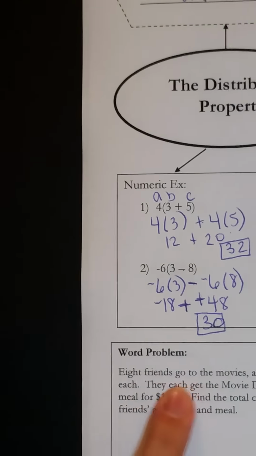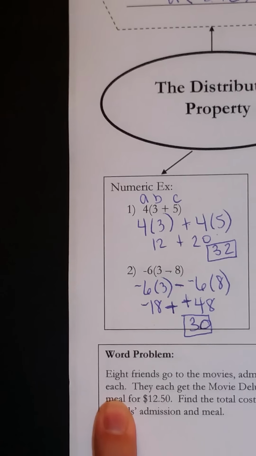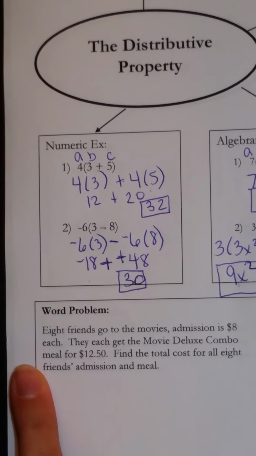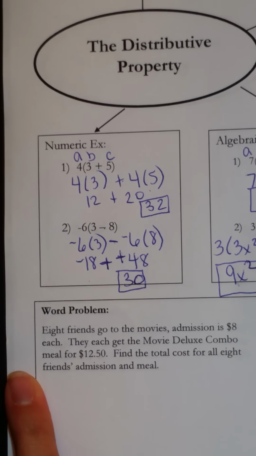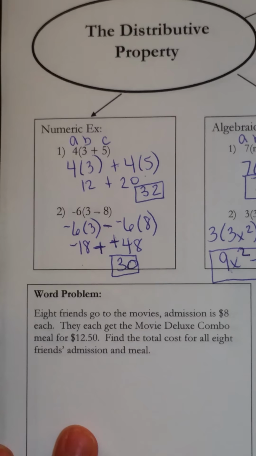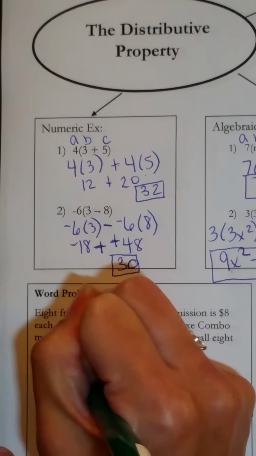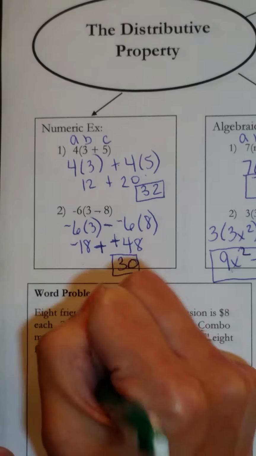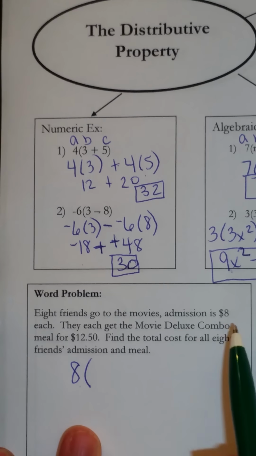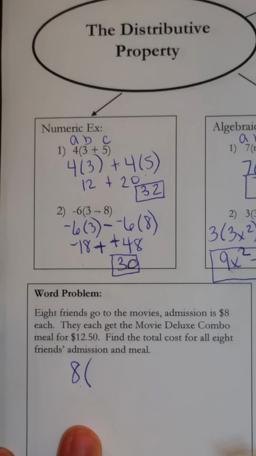Over here, 8 friends go to the movies. Admission is $8 each. They each get the movie deluxe combo meal for $12.50. Find the total cost for all 8 friends' admission and meal. So to set this up, there's 8 friends, so we're going to distribute that 8 to the cost of admission and the $12.50.